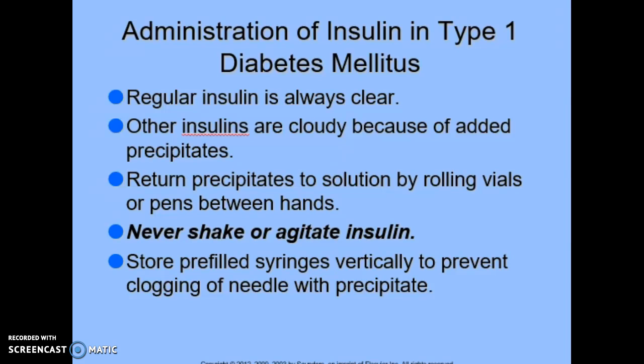So if you're taking the vial, or if you're using a pen, and you roll it between your hands, this can return it to the solution, and that way you're getting an even solution. You never want to shake or agitate the insulin, and store pre-filled syringes vertically to prevent clogging of the needle, because again, if the precipitate is there and it's blocking the needle, then you're not going to be able to administer correctly.